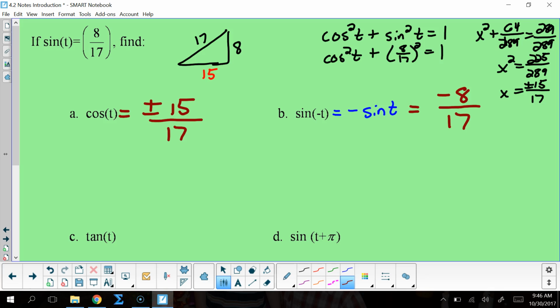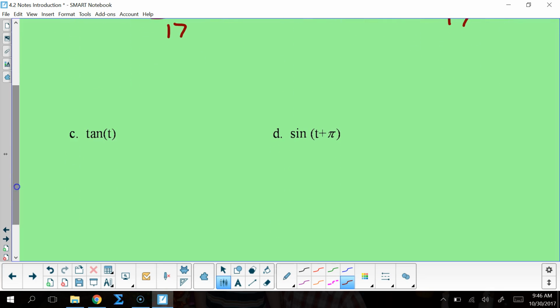The tangent of t is going to be my sine of t, which was 8 over 17, divided by the cosine of t, which is plus or minus 15 17ths.